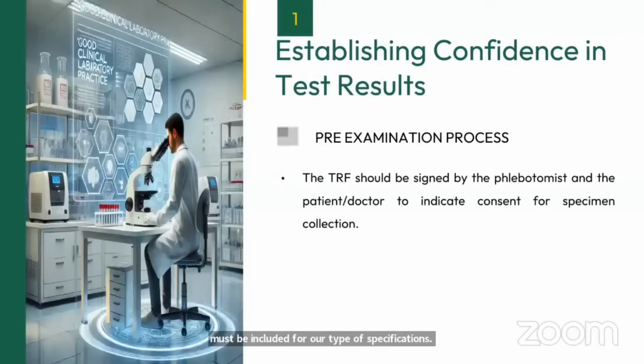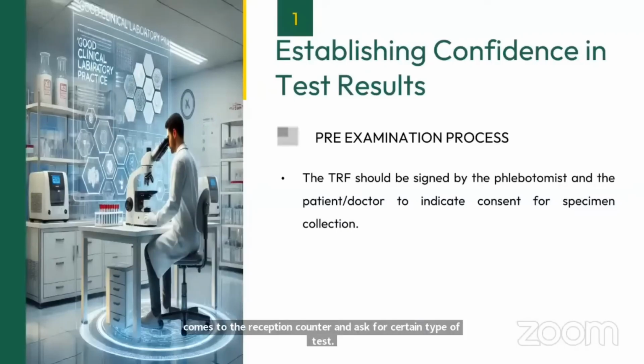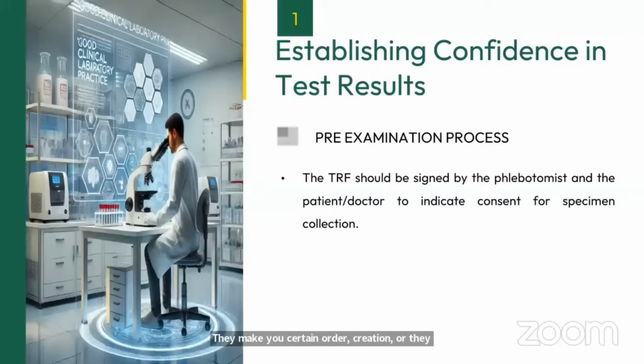The TRF should be signed by the phlebotomist and the patient or doctor to indicate consent for the specimen collection. Many times we have seen walk-in patients coming directly to your laboratory, or standalone laboratories will have such walk-in patients, where the patient directly comes to the reception counter and asks for a certain test. They may give an oral requisition, saying orally that they want to test blood glucose, or a certain liver function test.